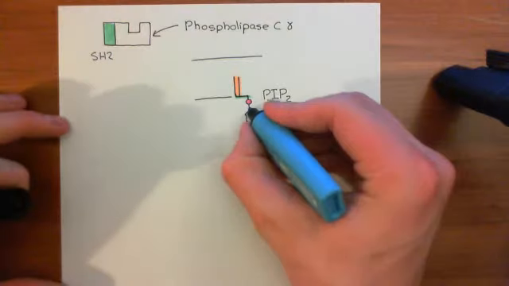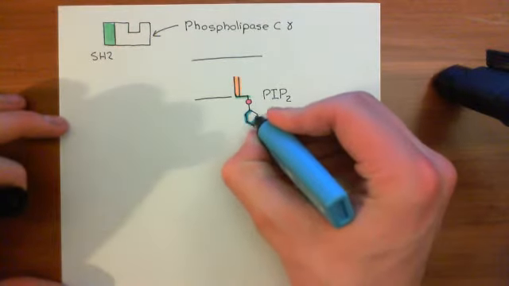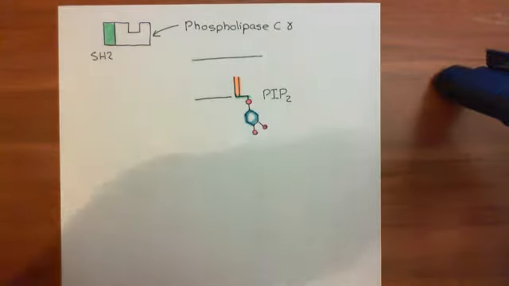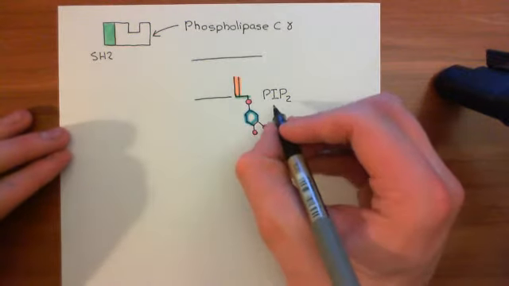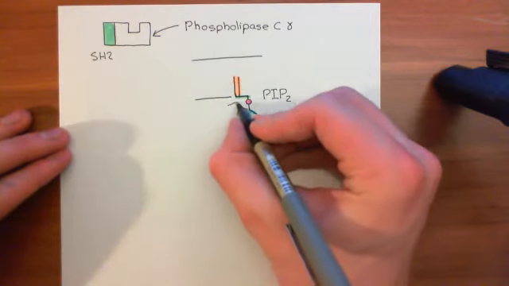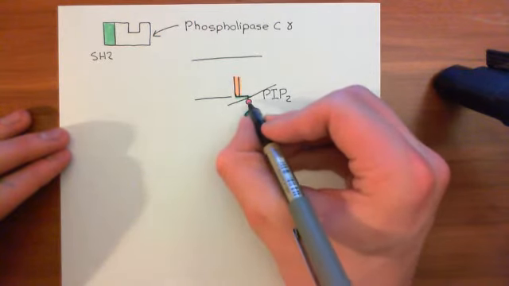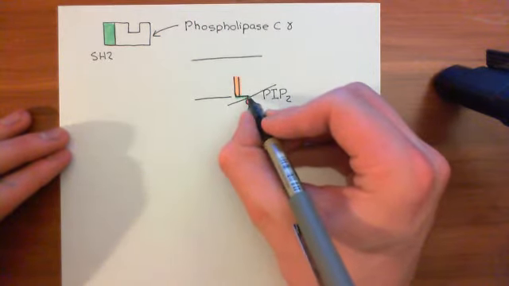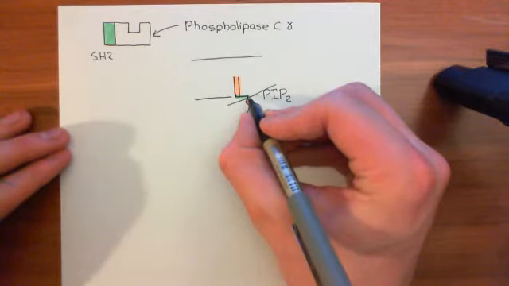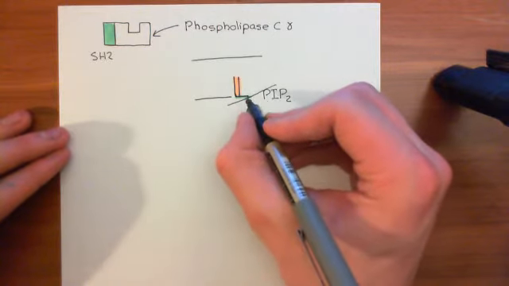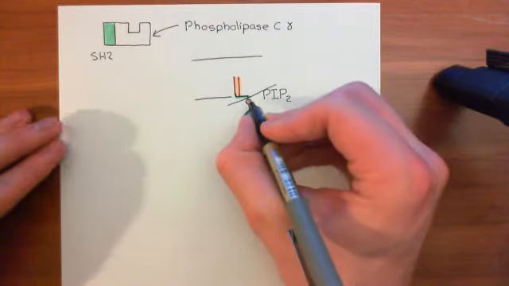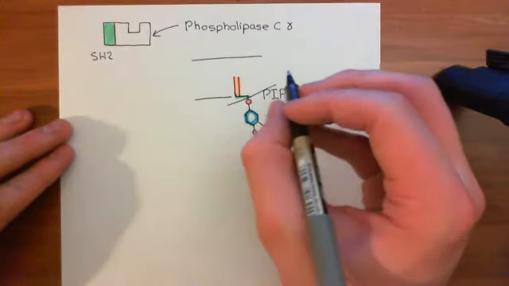Right. So, basically, the phospholipase C gamma enzyme is going to work on these molecules within the phospholipid bilayer, and it's going to cut the bond between this phosphate group and the third alcohol group of the glycerol molecule. Remember, the phosphate group is linked to the alcohol group of the glycerol molecule via a phosphoester link. You're going to cleave that, you're going to hydrolyze it, and you're going to get two products.